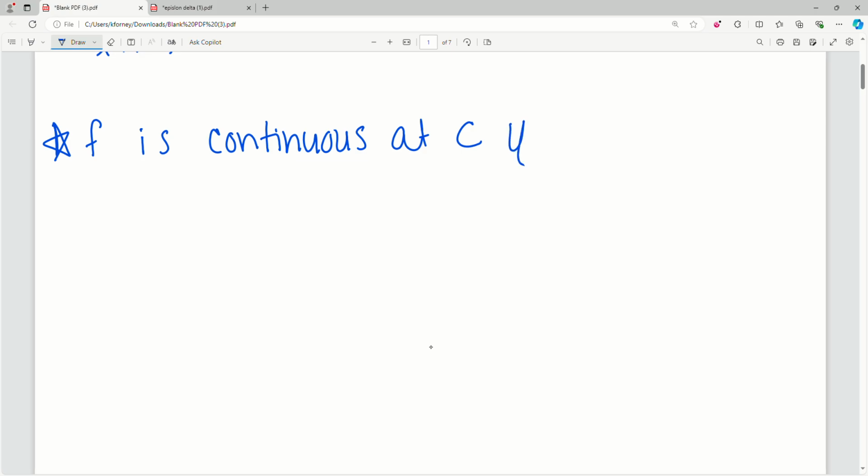Continuous. So, f is continuous at c if and only if the limit as x approaches c of f of x is equal to f of c.